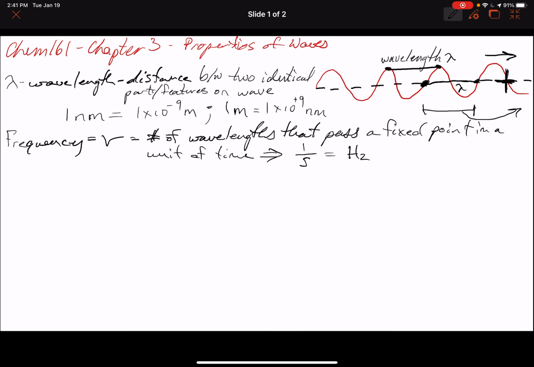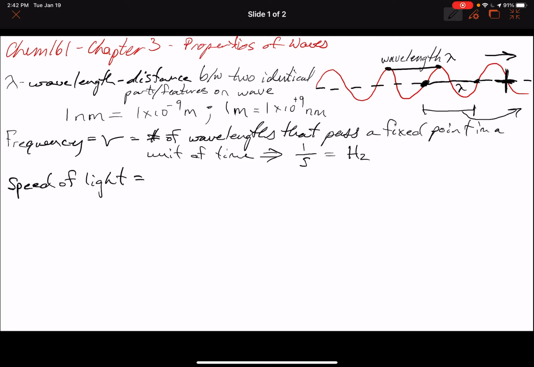Okay, and an interesting property here about light is that the product of these two equals a constant. So the product of these two is defined as the speed of light. Okay, so we have speed of light, and that's similar to the units you would have for traveling in a vehicle, miles per hour. We'll use metric versions of that, so we'll typically see meters per second for those units.